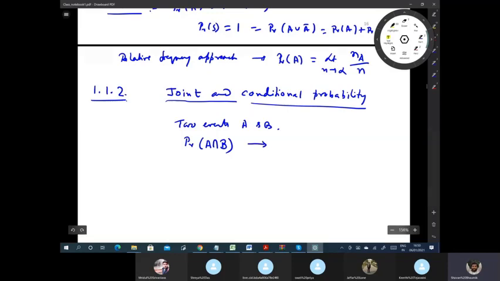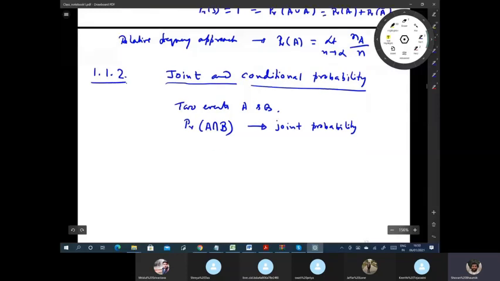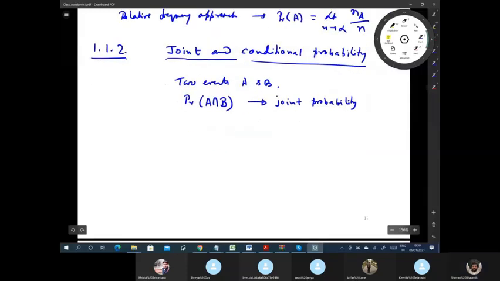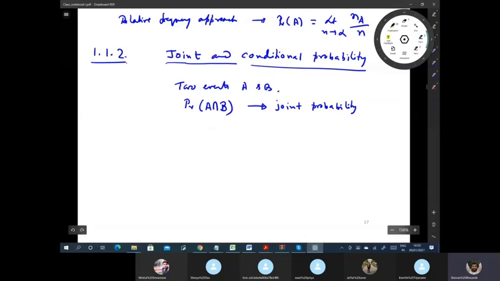Am I correct or wrong, Asna? No, sir. Sir, it's like their probabilities should be multiplied. That will come, that is the inference. That is not the definition.